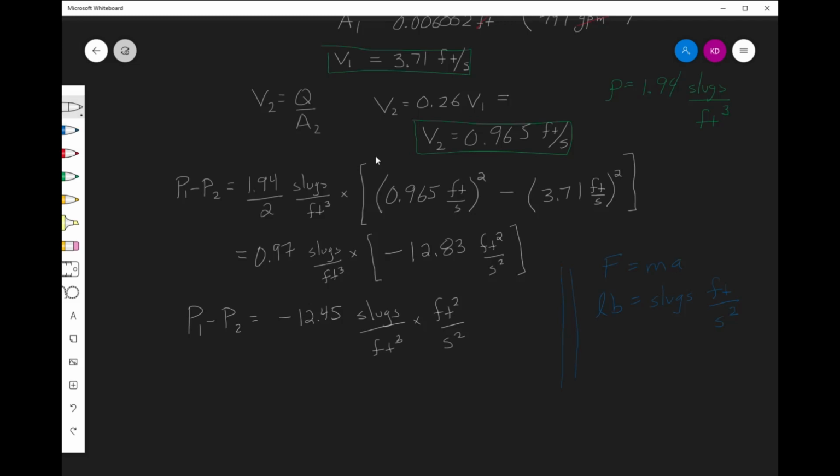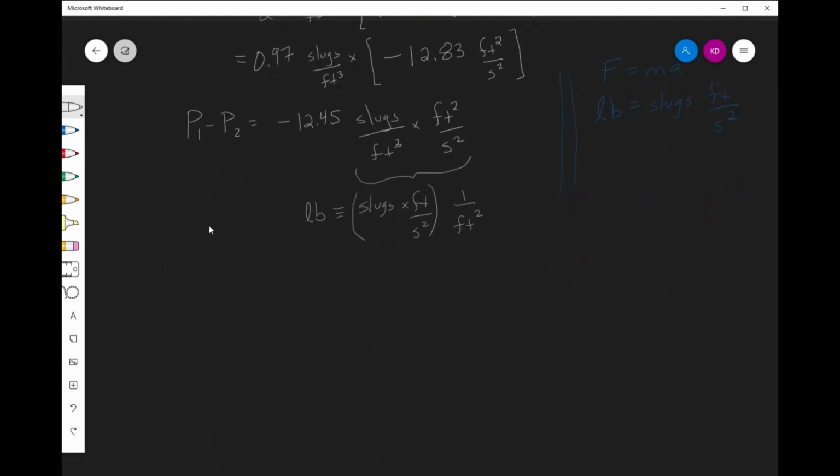Let's go back here and just rewrite this as a slug times a foot per second squared. And then we're left with 1 over foot squared. Check that that works out. This part here is just equal to a pound.